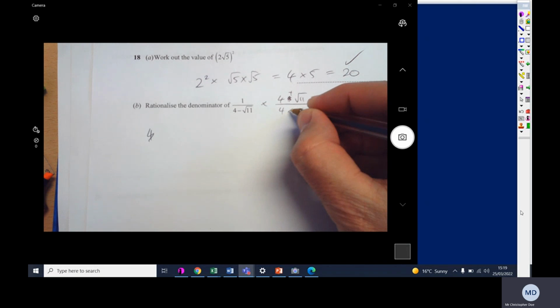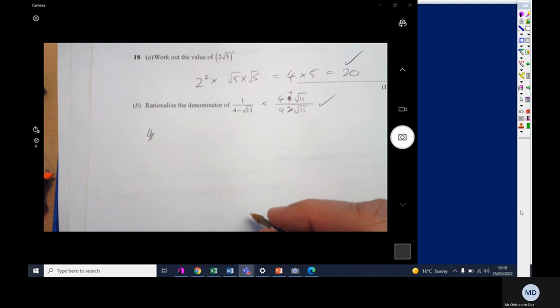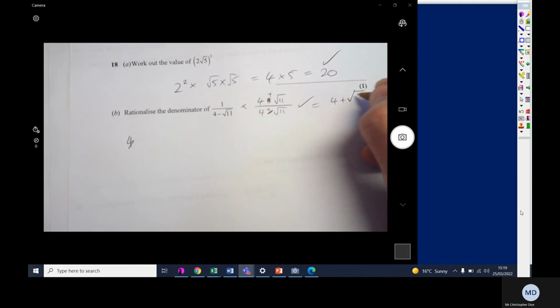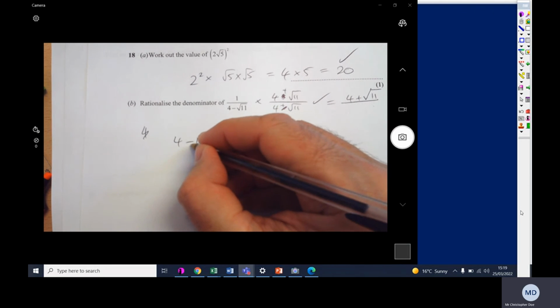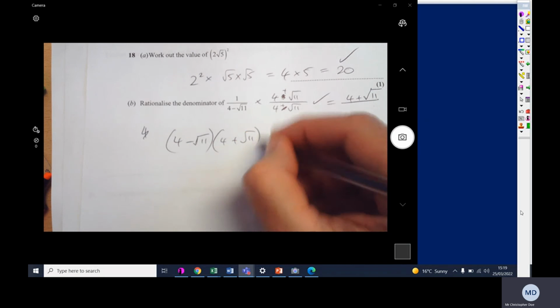1 mark for multiplying, done it again, 4 plus root 11. So on the top, we're going to have 4 plus root 11, for now, anyway. On the bottom, we're going to get 4 minus root 11 times 4 plus root 11.